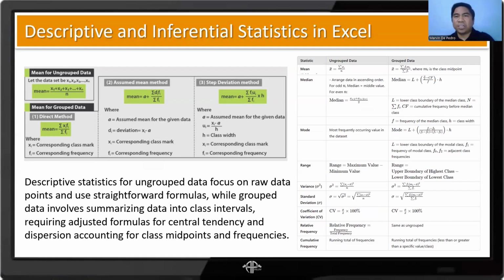This discussion is quite long, so just observe the formula. The point here is that ungrouped data is straightforward. We don't have a new formula for it. Whatever we discussed in the previous modules will be our formula as well for ungrouped data.